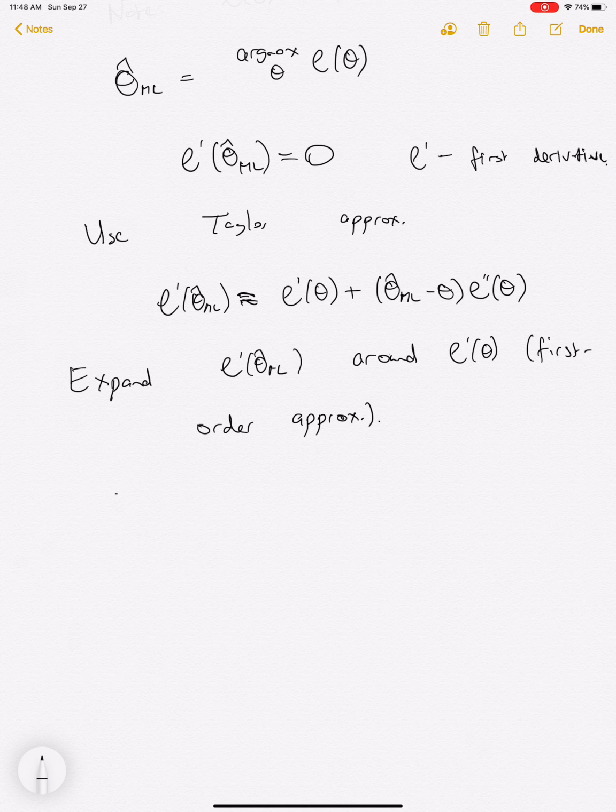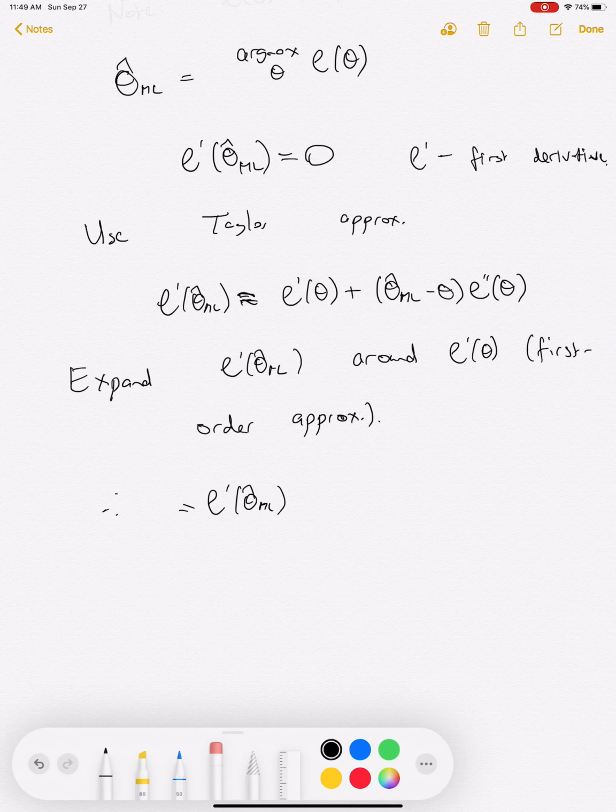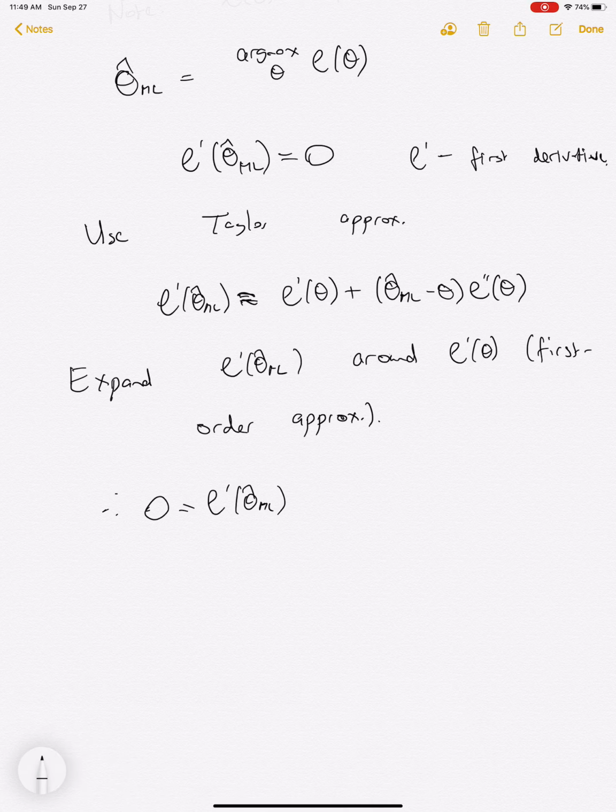So therefore we have that L prime of theta hat ML, on the one hand we know that it's 0, and on the other hand we know that it's approximately L prime of theta plus L double prime of theta.